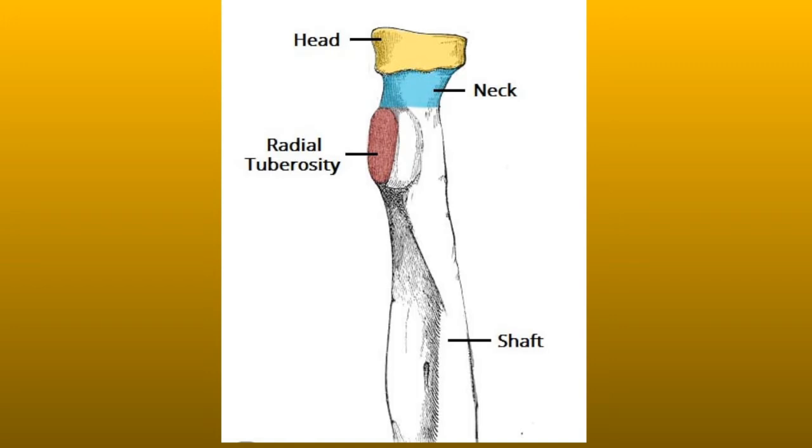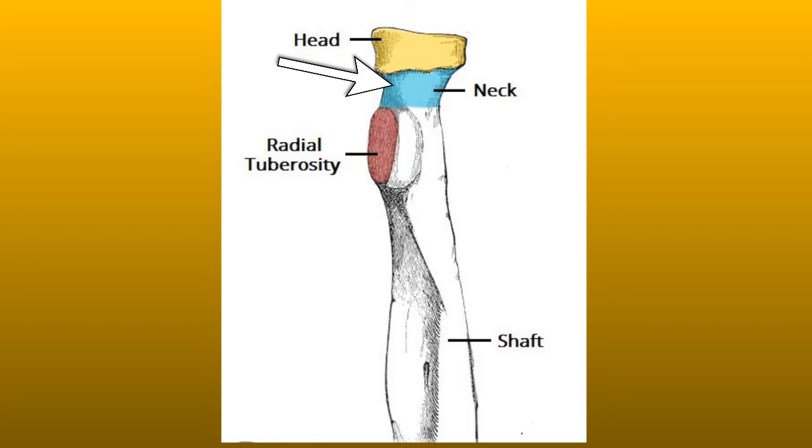The circumference of the head is articular, and it fits into the socket formed by the radial notch of the ulna and the annular ligament, and thus forms the superior radio-ulnar joint. Now the neck. The neck region is enclosed by the narrow lower margin of the annular ligament.